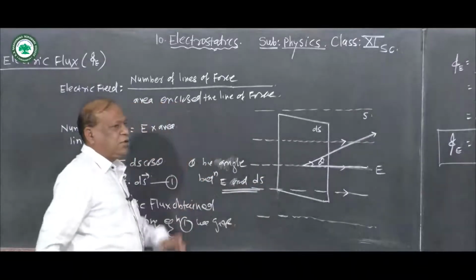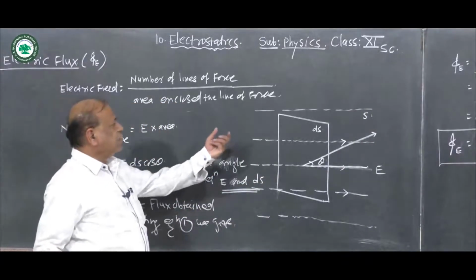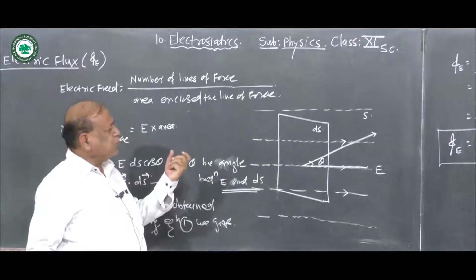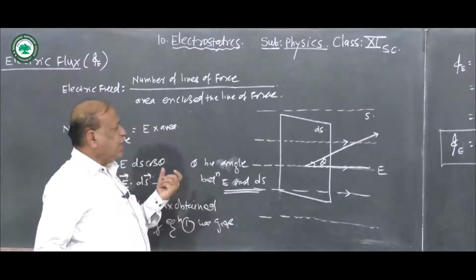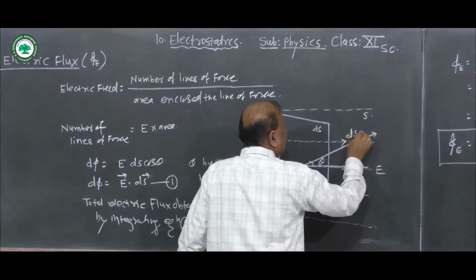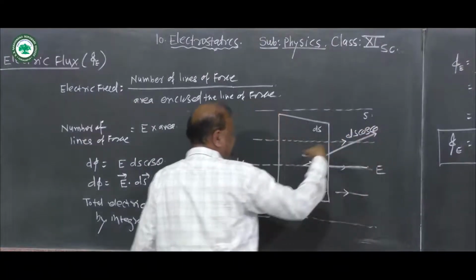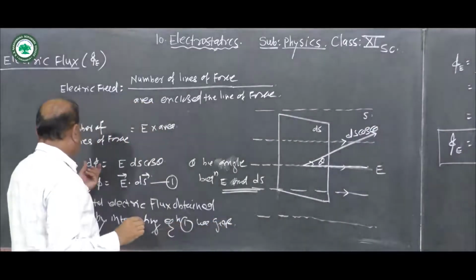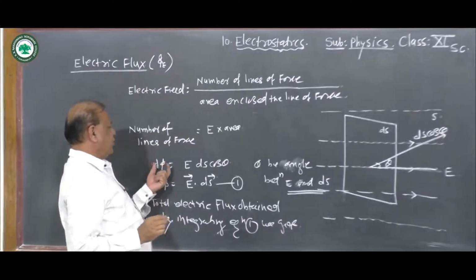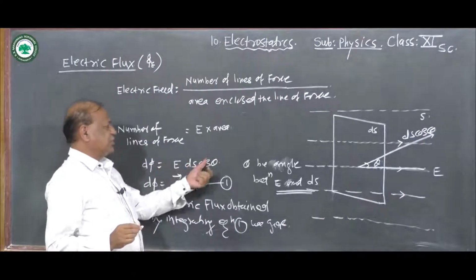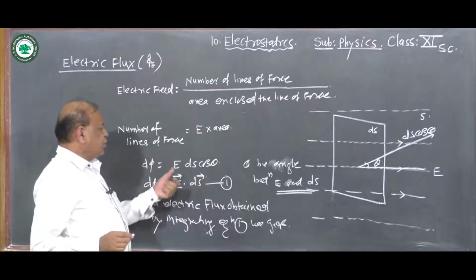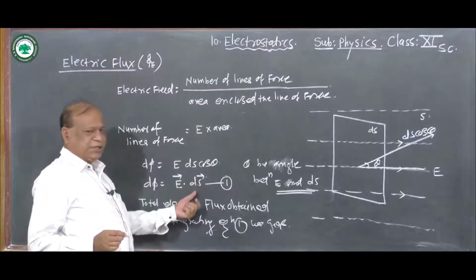We consider the surface area ds resolved into two components, ds cos theta and ds sin theta. Considering the component ds cos theta, the electric flux for the surface ds is d phi equal to E ds cos theta, which by the definition of the scalar product is E dot ds.